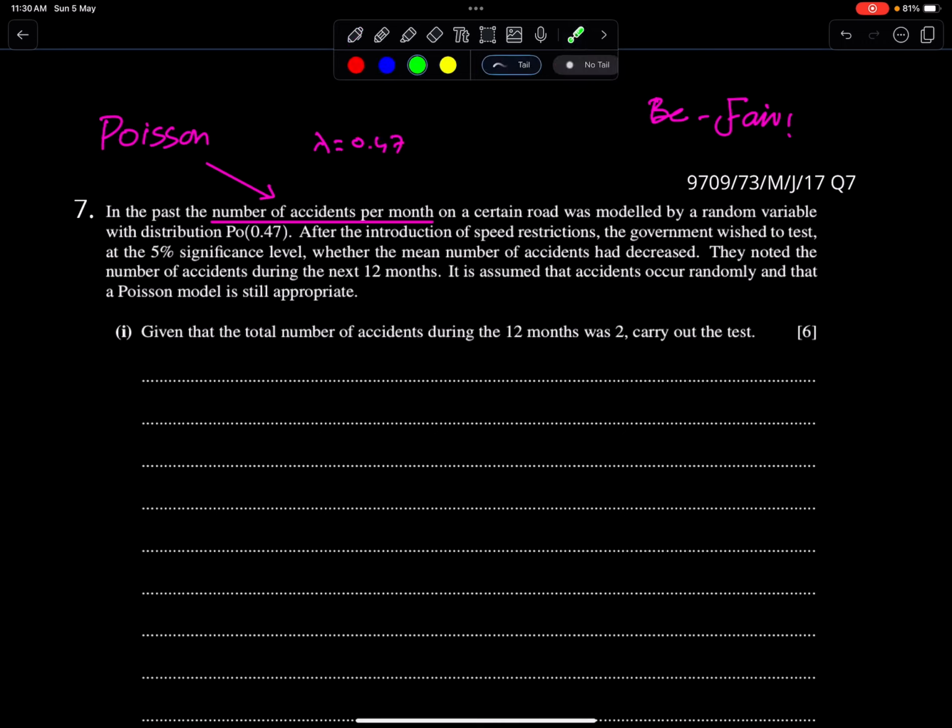This information will help you understand that this question is of Poisson because of single events. After the introduction of speed restrictions, the government wish to test at the 5% significance level whether the mean number of accidents had decreased.